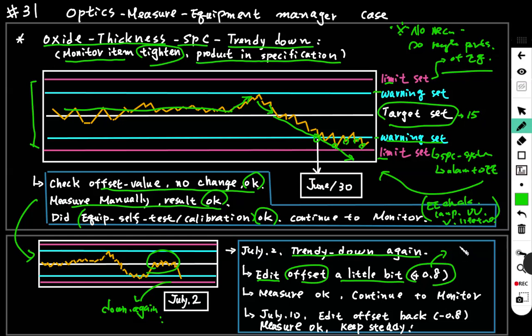It means that if you measure 50, you will add 0.8 to make it 50.8. It's a very little bit, with no effect on production, just affecting this SPC monitor item result.